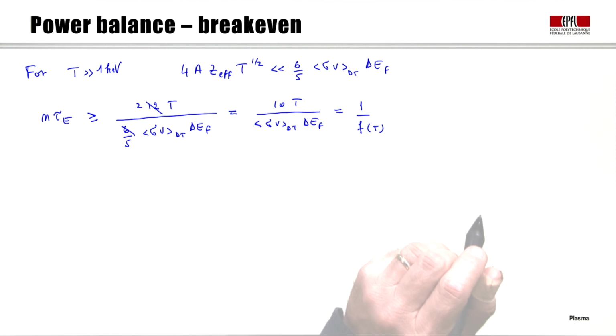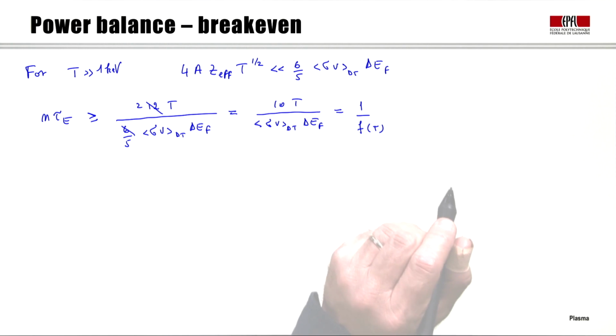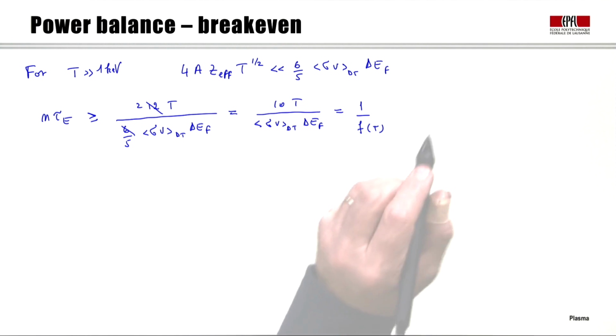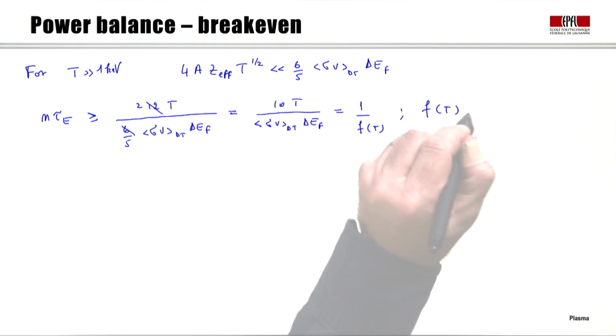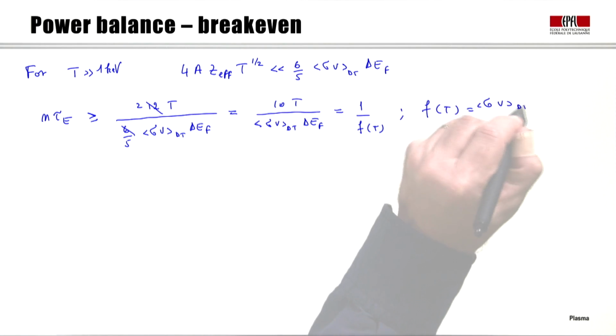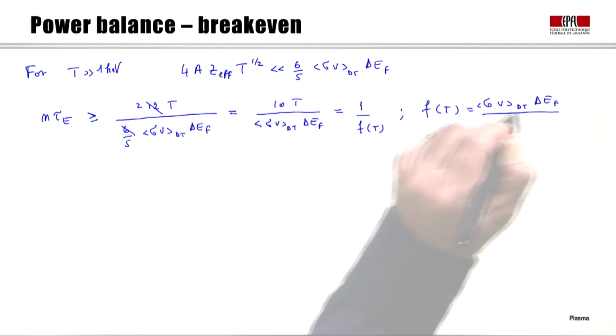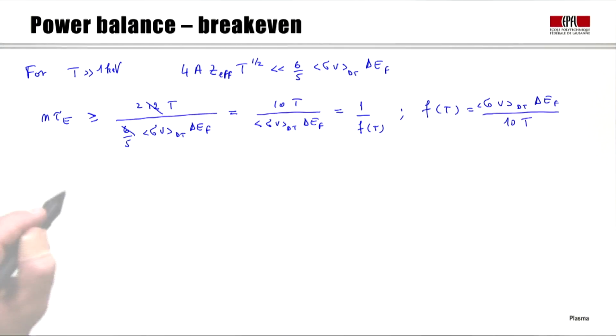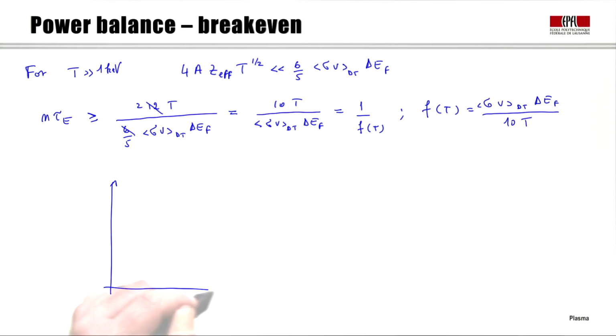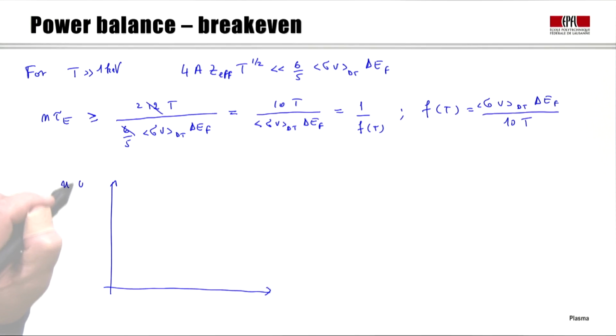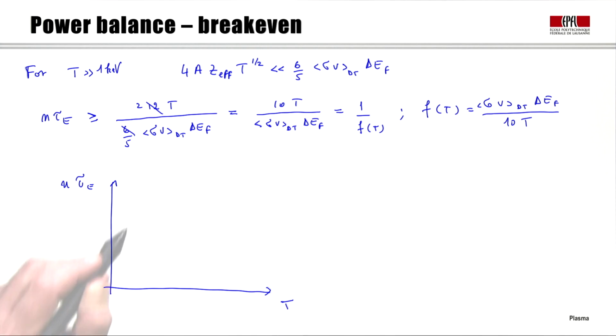Having defined the function of temperature, and I'd like to underline the fact that it depends upon temperature, which is sigma V, which itself is a function of temperature, times the energy of a reaction divided by 10 times T. We can represent this condition graphically, plotting n times tau E on the vertical axis and the temperature on the horizontal axis.